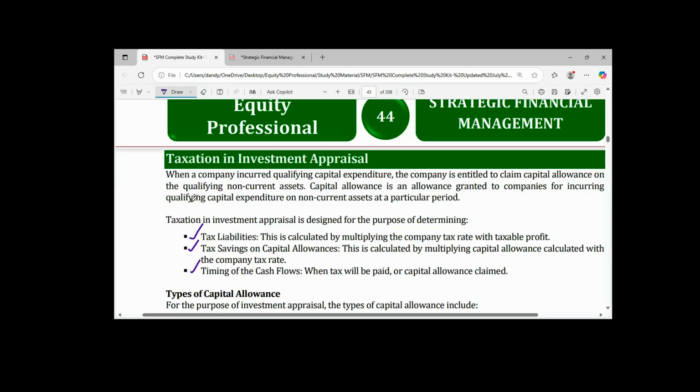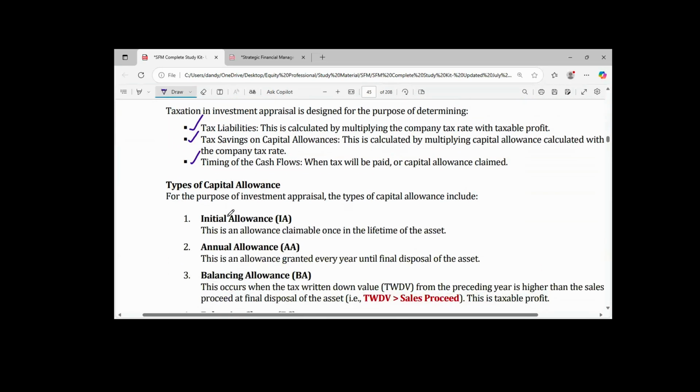Now, in the determination of the financial viability of a project, there are 4 types of capital allowance. One is initial allowance, two is annual allowance, three is balancing allowance, then four is balancing charge.